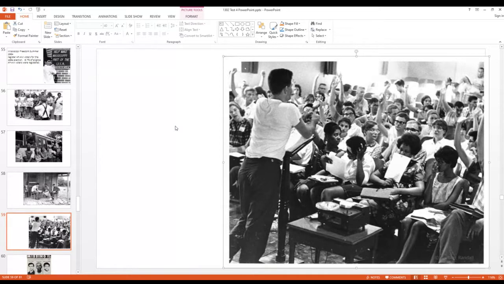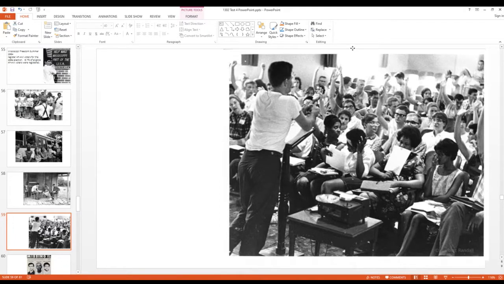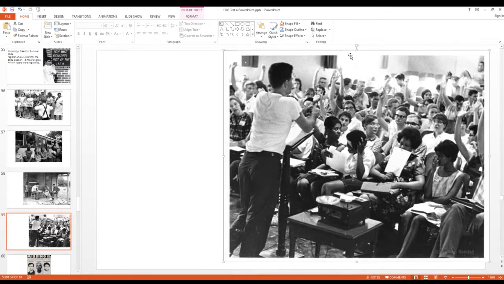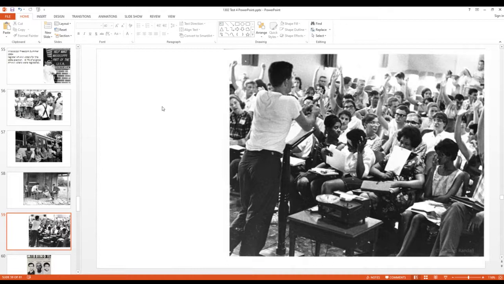Some might be political science courses, some might be basic literacy courses. Mississippi really did not do very much to educate its African American population, so sometimes the freedom schools focused on the very basics of education, but there could also be classes on African history, which certainly wasn't being taught in Mississippi schools. So there were various educational programs.